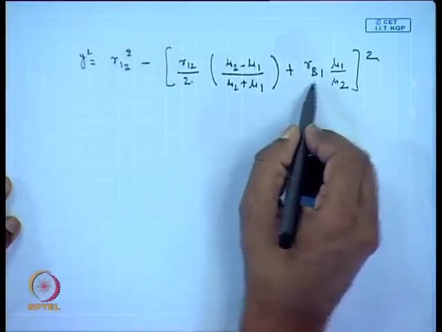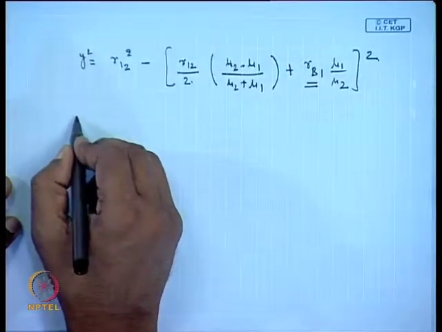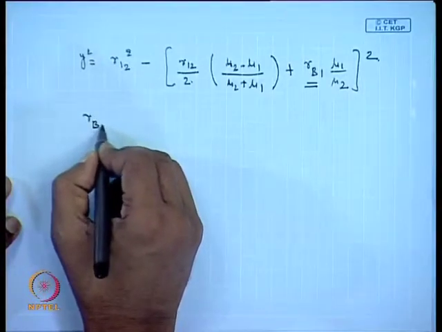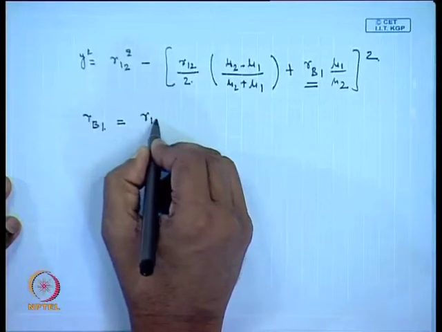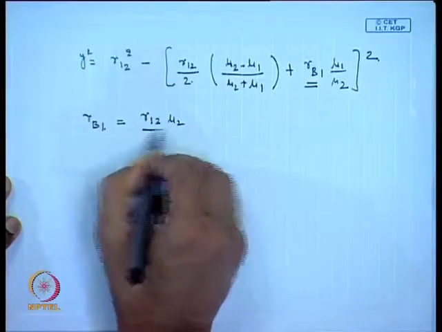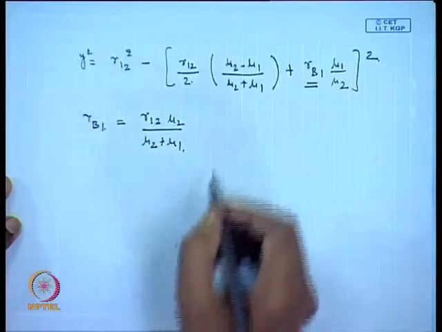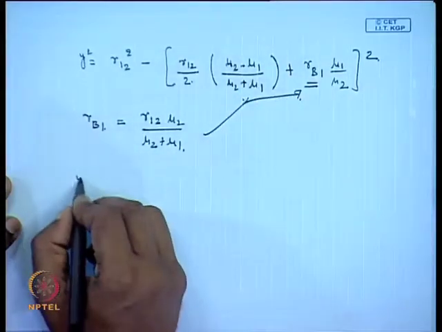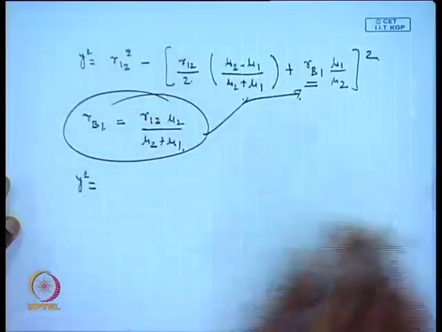Okay, and we have already worked out r b 1. So, r b 1 can be written as r 1 2 times mu 2 divided by mu 2 plus mu 1. So, substituting this into this place, y square then becomes, this we have already done in the previous lecture.